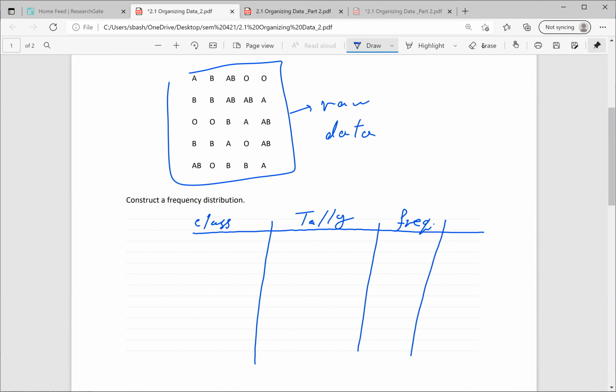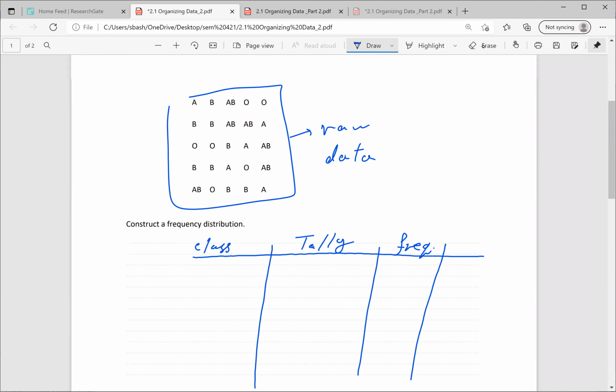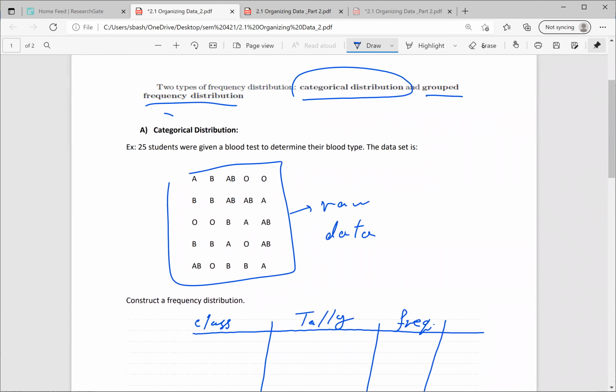Now for the classes, or sometimes I will say the variable, the variable in this example is the blood type. Or I will just call it a class now.